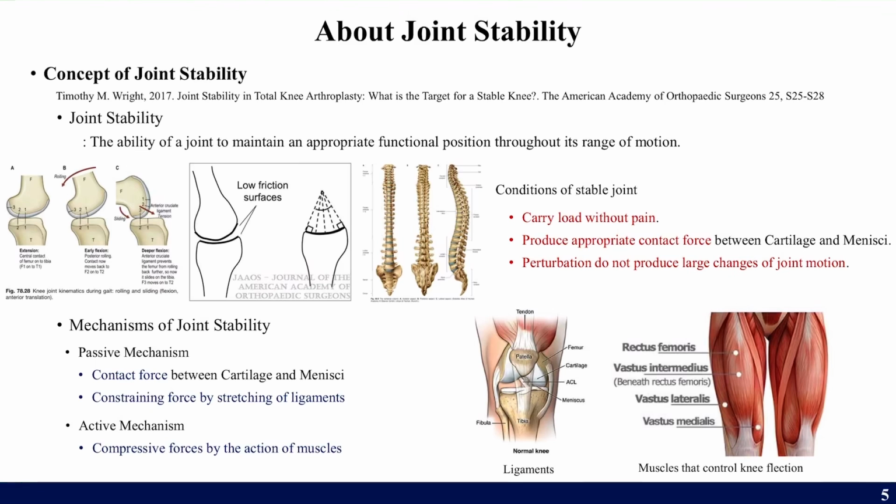The passive mechanism consists of the contact force between two bones at the joint and the constraining forces by ligaments. As I mentioned previously, the ligaments generate passive force if there is a displacement between the two bones at the joint. On the other hand, the active mechanism is the forces by the action of the muscles.